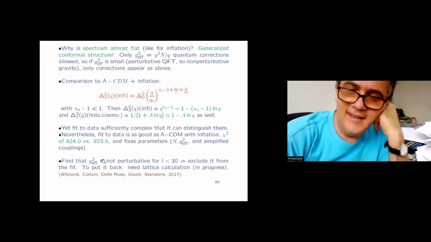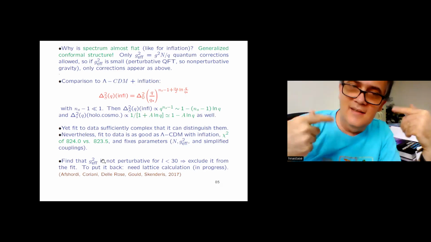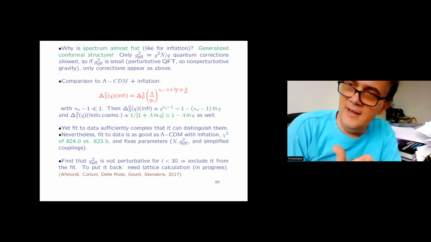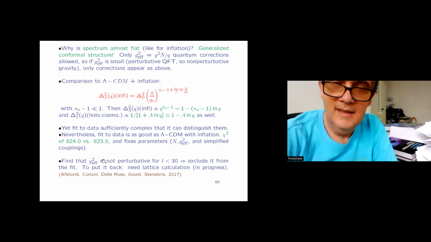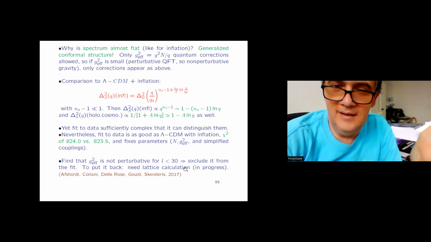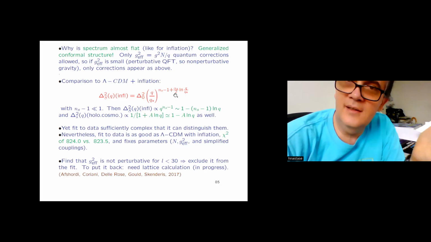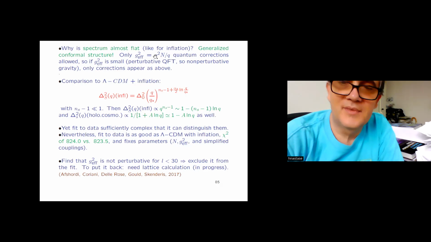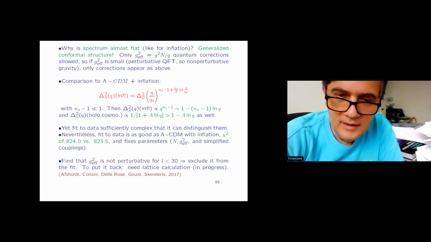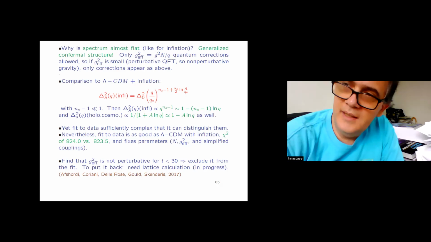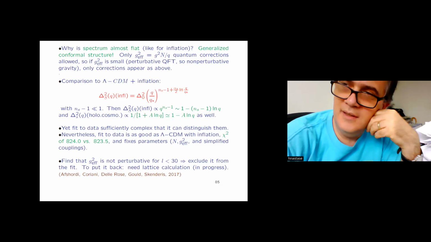So one finds that on the fit, this region is non-perturbative. It goes away from the perturbative limit in which we calculated, so it has to be excluded. So in the fit, in the end, the region for L less than 30 was excluded because it did not correspond to the perturbative regime. In order to put it back, one needs to do lattice calculation in the non-perturbative region that is needed. And this is work in progress.